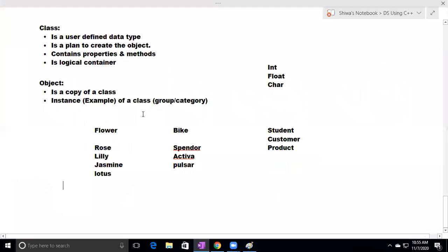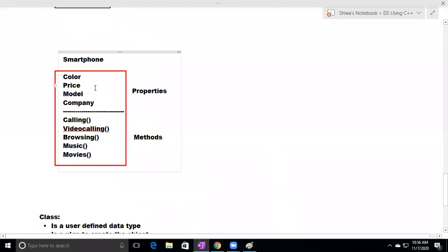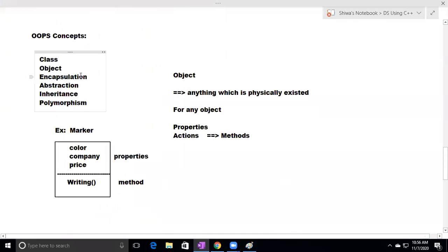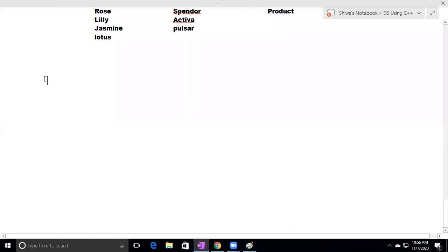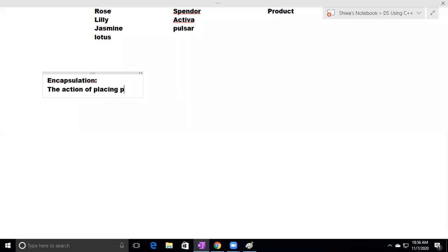So what is encapsulation? The general meaning of encapsulation is the action of placing something. So what are we placing? We are placing several properties and methods in a container, in a class.